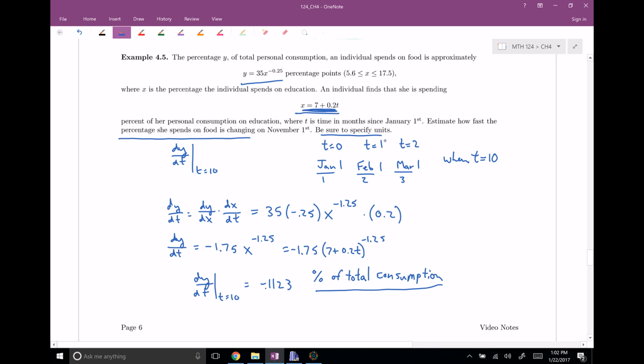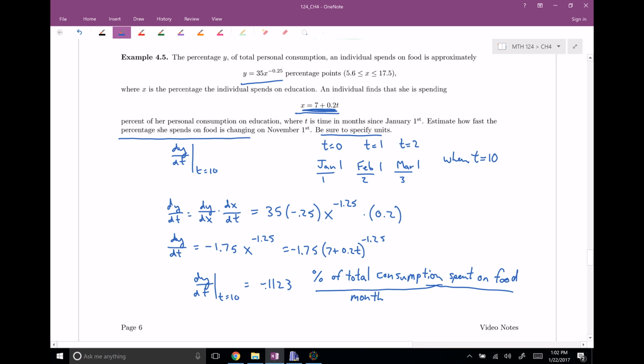So t had units months. So the percentage of total consumption she spends on food is decreasing each month. Not by a whole lot, but it is decreasing. It's getting smaller. That's a negative number. So there we go.